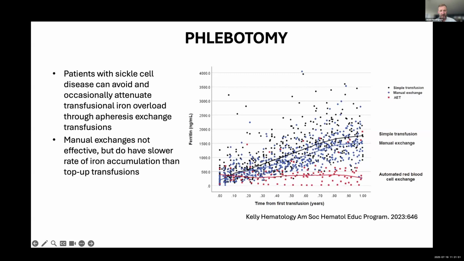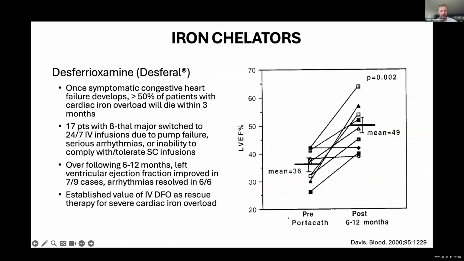Apheresis transfusions, like exchange transfusions done by an apheresis machine, on the other hand, look like they can actually hold your iron levels steady, and in some cases actually lower a little bit. So one of the differences between manual exchange transfusions and apheresis exchange transfusions is the effect they have on iron loading. Manual exchange transfusions will load iron, whereas apheresis exchange transfusions generally will not.